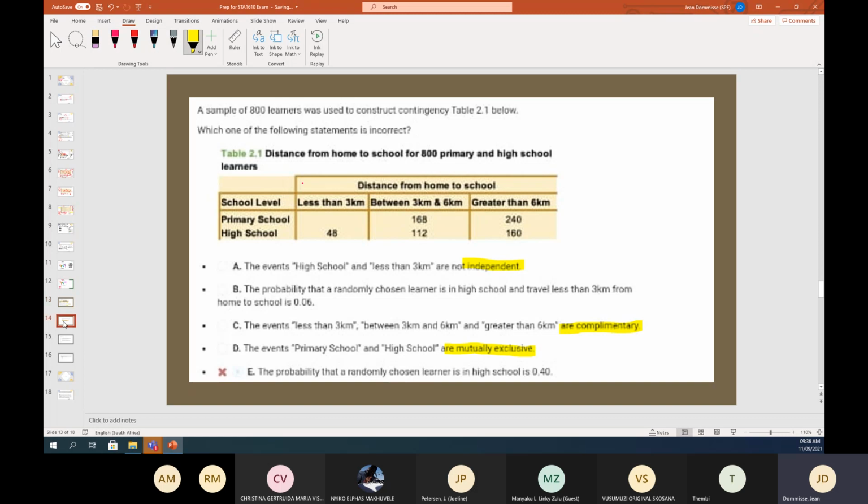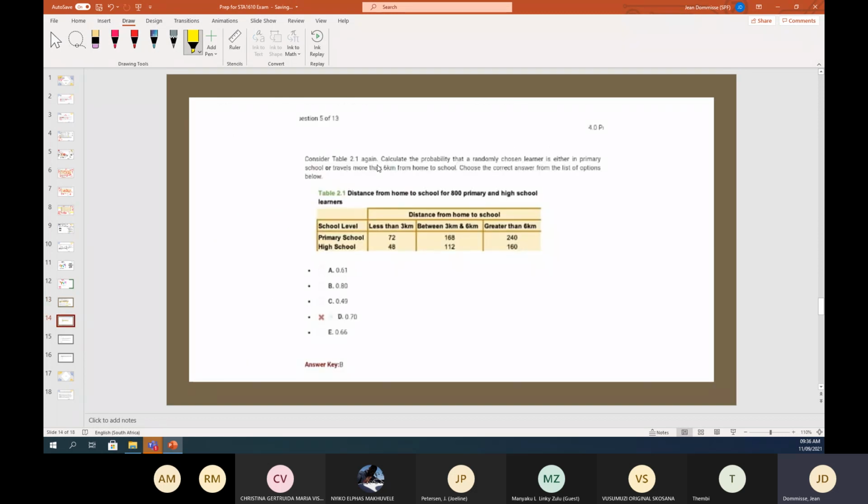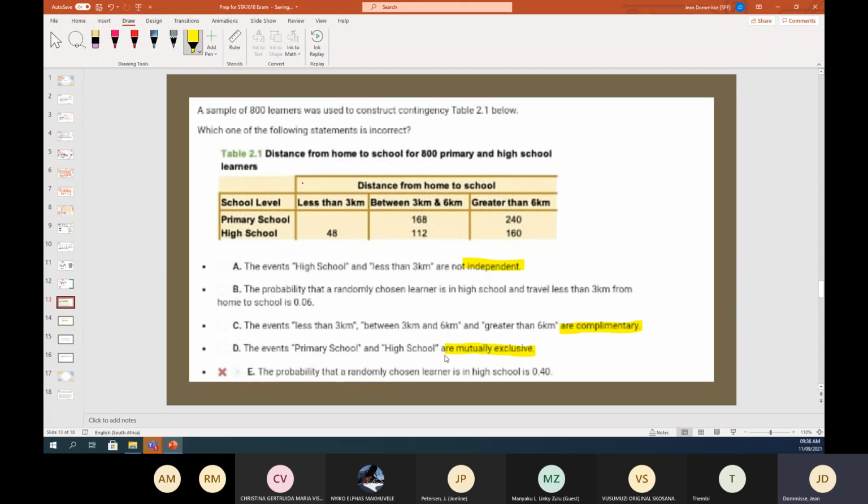Let's first cover those aspects. Okay, this is quite an interesting question. The total is 800. So we need to fill in totals.